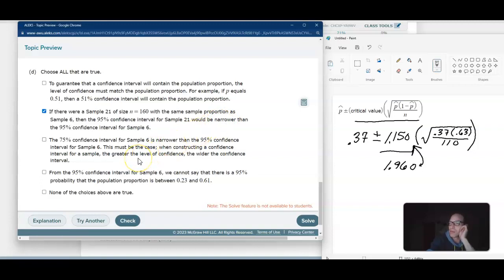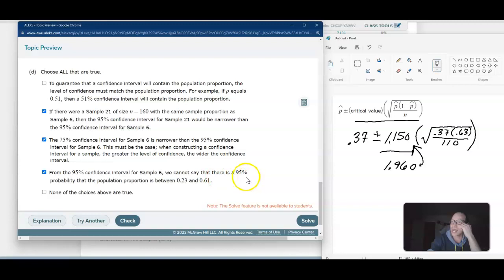Yep, we talked about this, how the greater confidence level, the wider the range is, the higher the critical value is, all those go together. And this is true. We cannot say that there's a 95%. So the way probability works, since this has already been done, there's either a 100% probability because it is between those numbers, or it's a 0% probability because it's not.